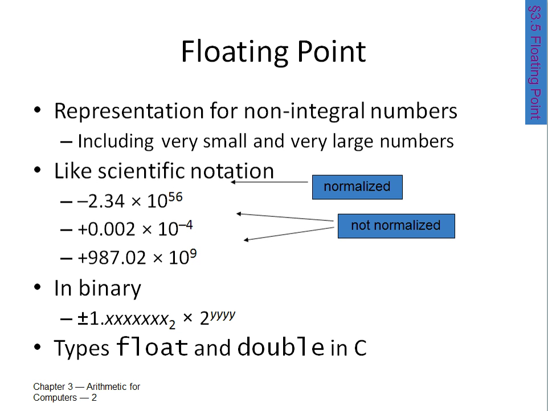So to consider floating point, we want to deal with non-integer numbers. So very small, very large. If you were to start with the radix point fixed and go from there, when you had to deal with something like 10 to the 56, you'd have 56 decimal digits to get out there.